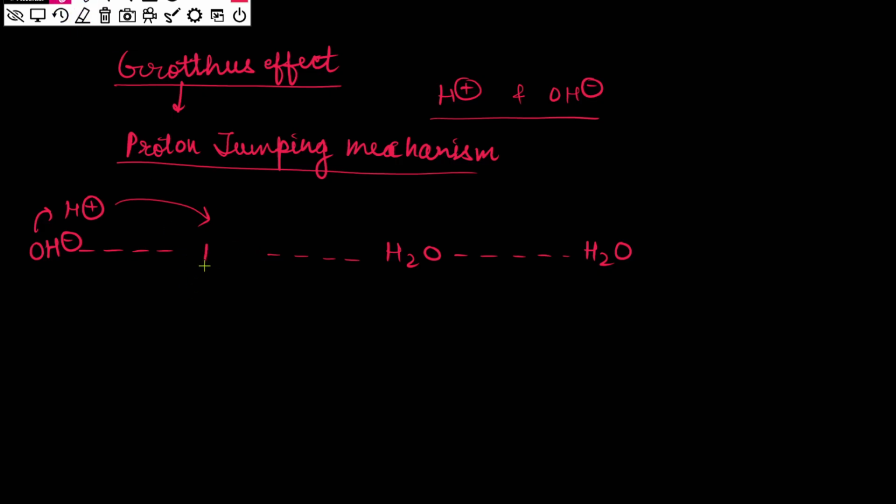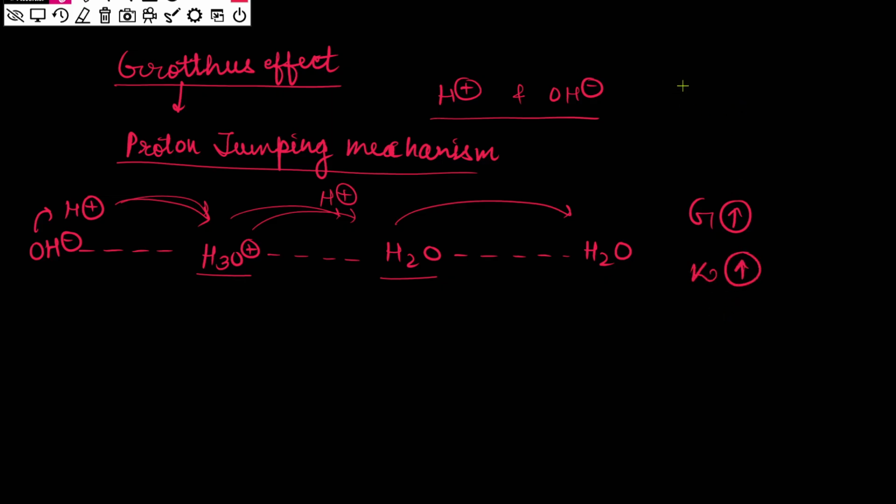So this will become H3O plus. Now again this will release its proton, become H2O again, and this will become H3O plus. So this jumping of the proton from one hydrogen bonded water molecule to another is actually what the proton is doing here, and that's why its overall conductance is very high and conductivity will also be very high.